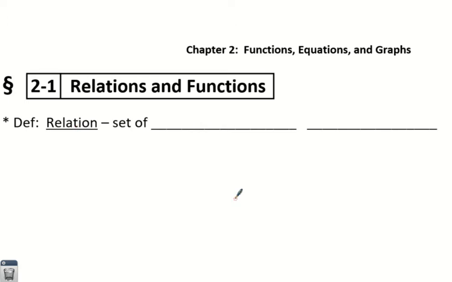Perhaps you remember learning that as like a vocabulary word, like a word that definitely meant something in math. A relation is a set of ordered pairs, usually pairs of x and y values. So basically, as long as it involves ordered pairs of numbers, again, usually those variables like x and y, you can call it a relation.